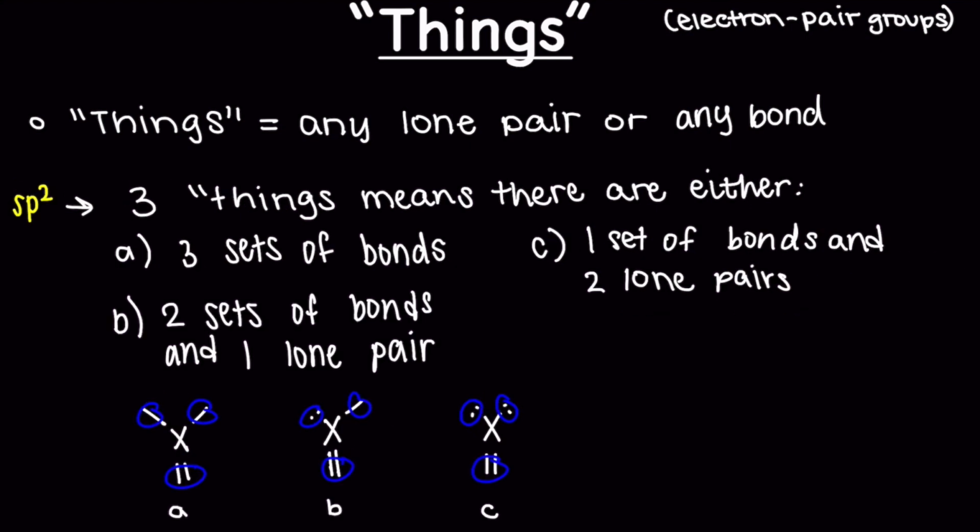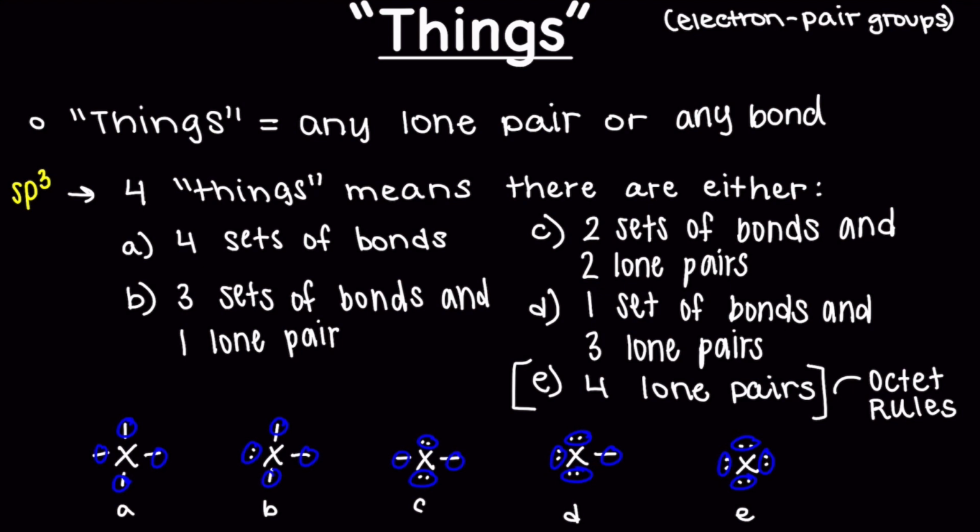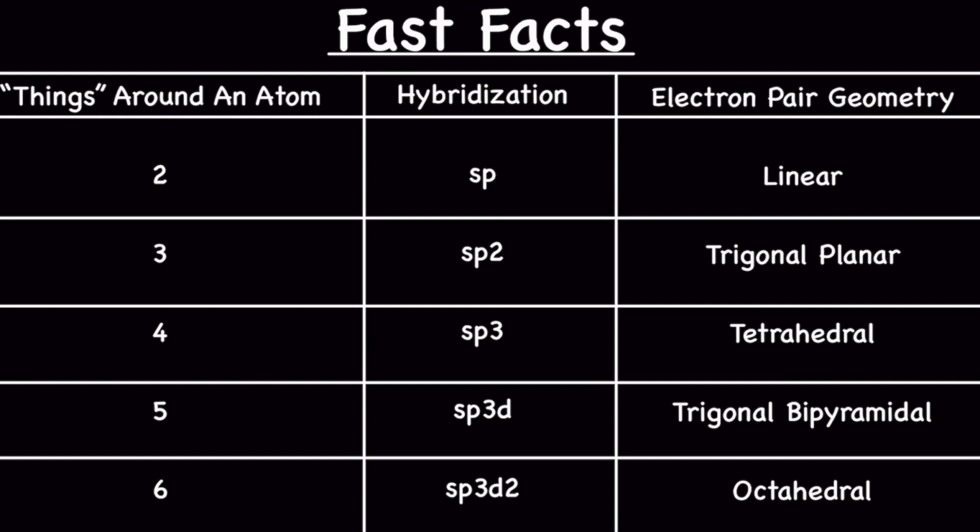When you have 3 things, you always have sp2 hybridization. And when you have 4 things, you always have sp3 hybridization. Now, here's a neat chart of fast facts that solidified everything that we just talked about. Take a moment to pause the video and take a screenshot.